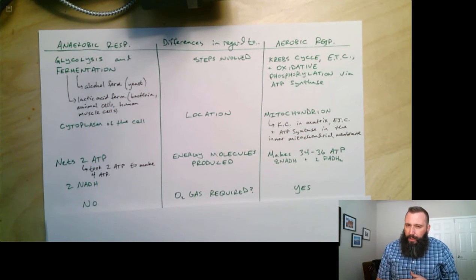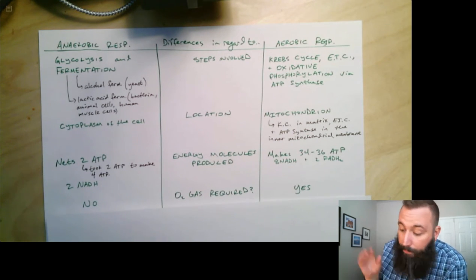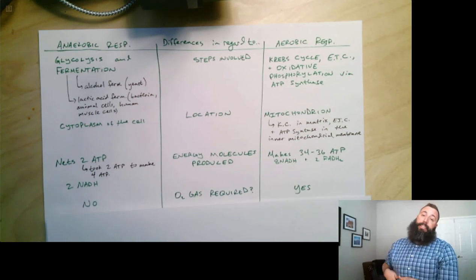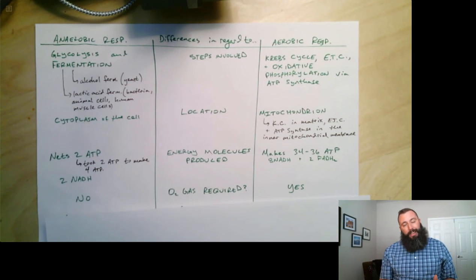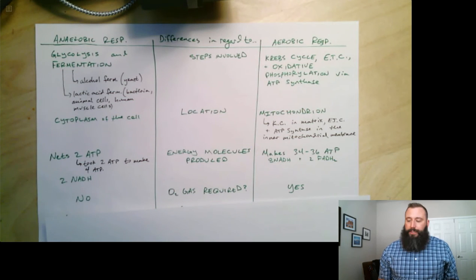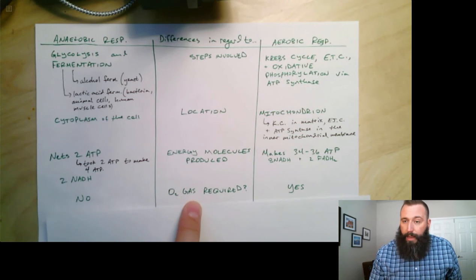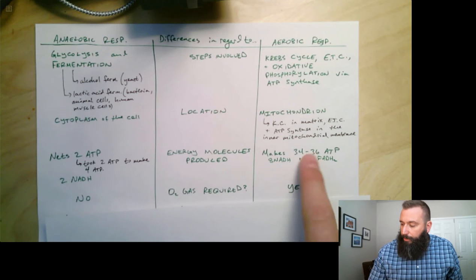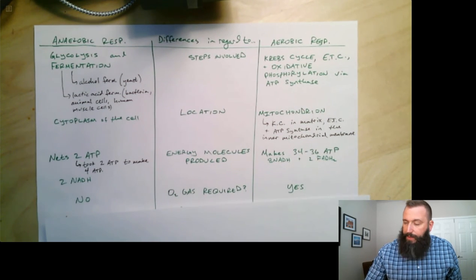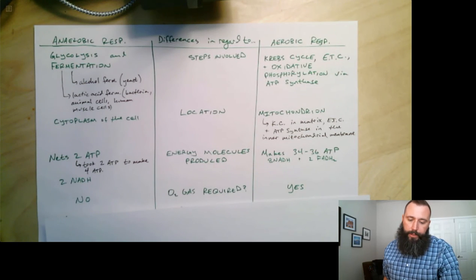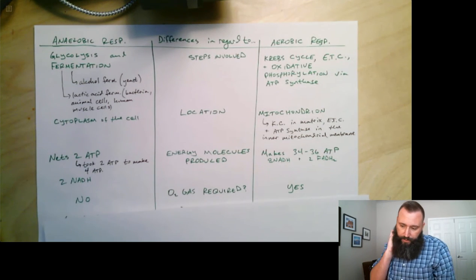You can actually feel that lactic acid buildup as that pain associated with really physically exerting ourselves. If you want lactic acid fermentation to stop, all you need to do is slow down and then breathe a couple breaths. And once you start getting oxygen back into those muscle cells, we'll be able to fully make 34 to 36 ATP during this process and really utilize a lot more of that potential energy found in glucose in the foods that we eat.